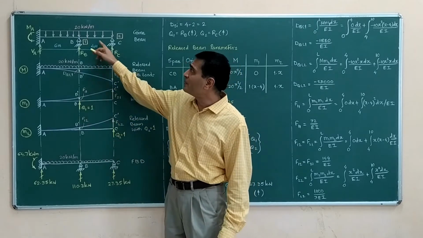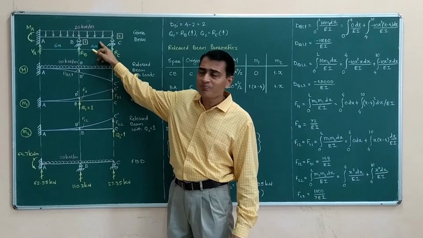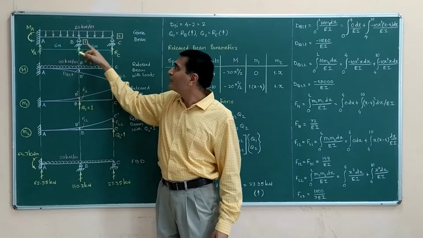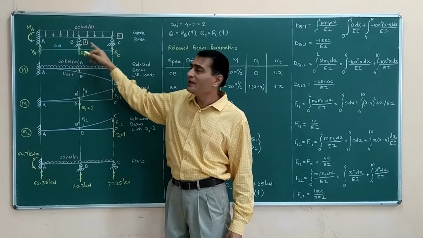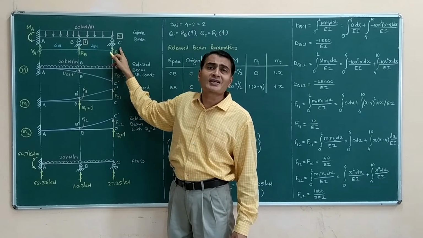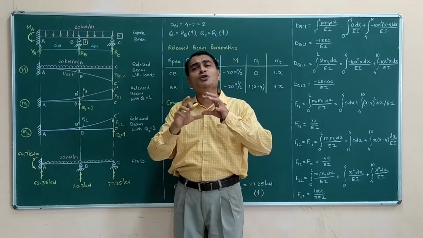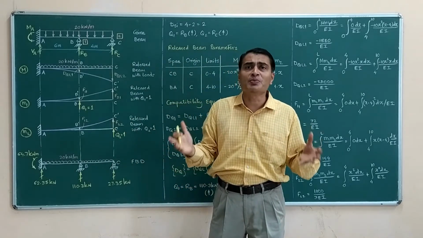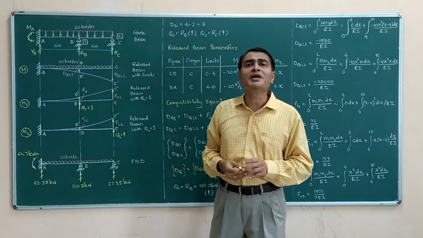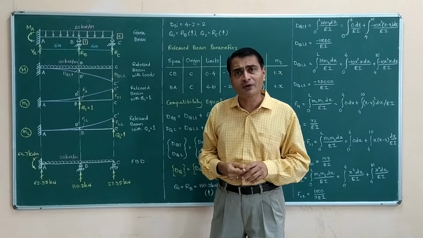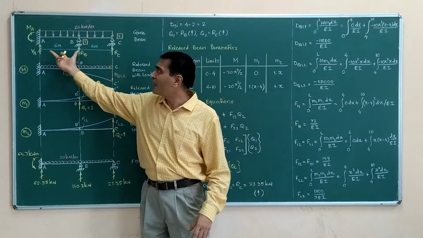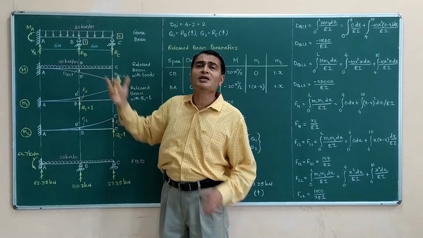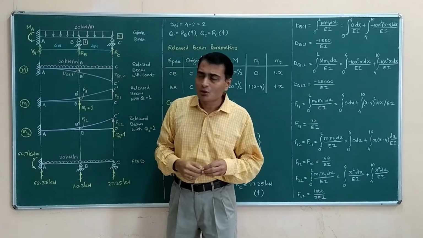This is our beam, a continuous beam with a fixed support at end A, an interior roller at B, an exterior roller at C, and a UDL acting over the entire continuous beam of intensity 20 kilonewtons per meter, and the spans are A to B 6 meters and B to C 4 meters.